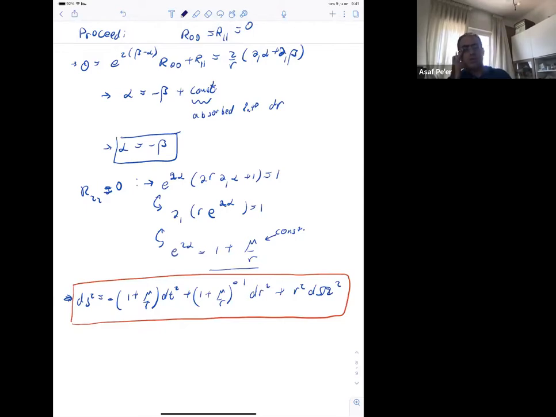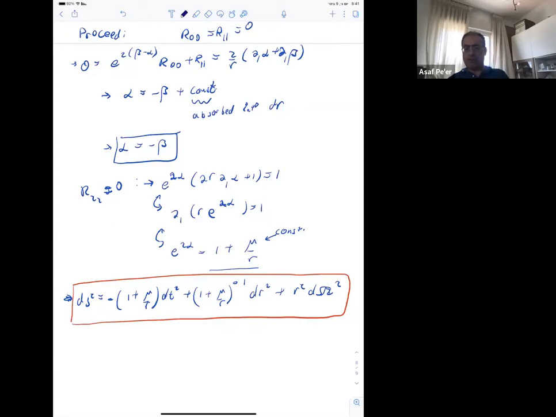What this metric really represents is the metric outside a star, or a planet, something. There is some mass which is concentrated at small r, and we are at some radius r from the center, which is far away from it, and there is vacuum surrounding us. That's what it really represents.